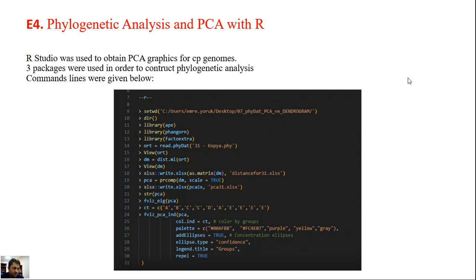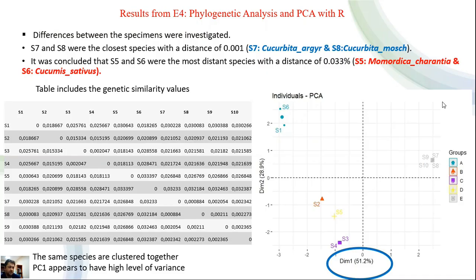And another assay for phylogenetic analysis by RStudio was carried out using three different packages to construct phylogenetic trees, and we obtained maximum likelihood and distance matrix analysis, and then we finally obtained the principal component graphic with a great level of variation.